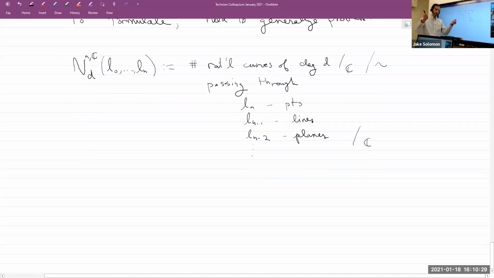Instead of just looking at point constraints, you have to look at lines, planes, etc.